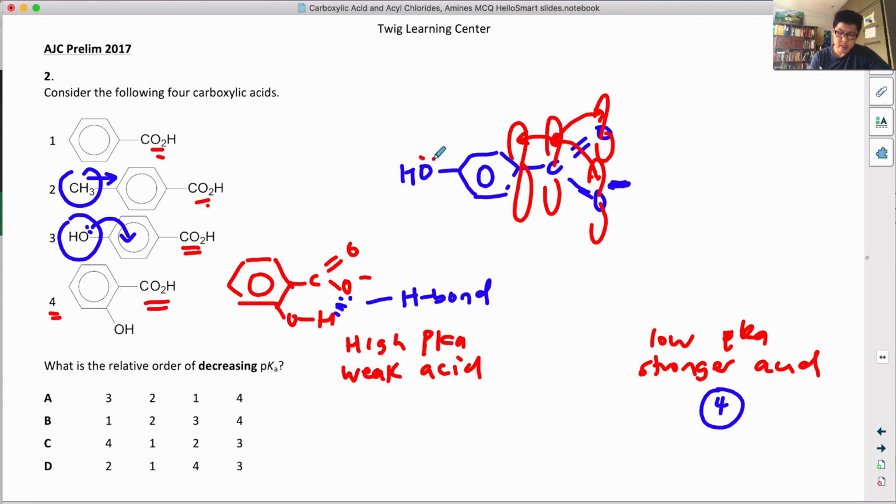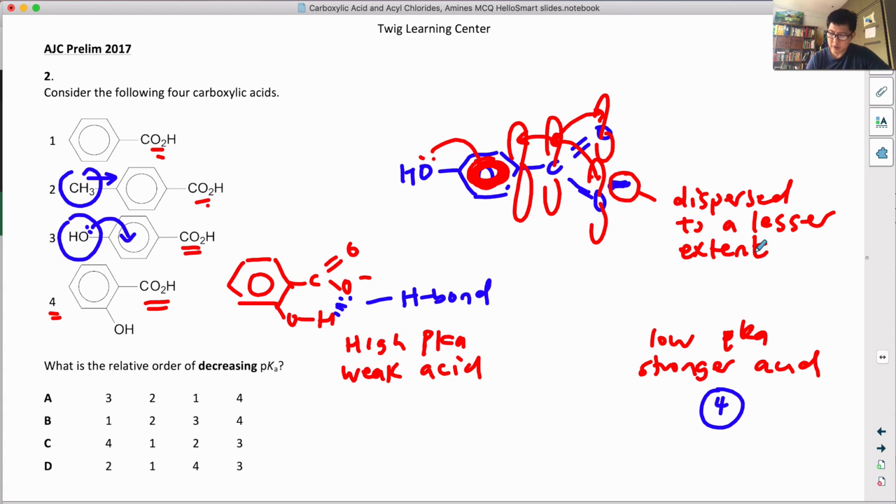If OH is electron donating, it increases the electron density in the benzene ring. So less of the negative charge can delocalize into the benzene ring, because of the high electron density in the ring. So the negative charge is dispersed to a lesser extent.